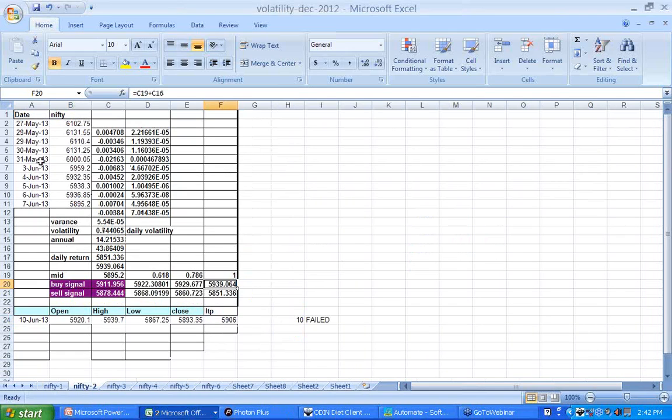I have backtested, taking 7th June, backtesting for 10th June. It has given me a trend signal: 5911 above is my uptrend, 5878 below is my downtrend. The uptrend has the power to take me to 5939.